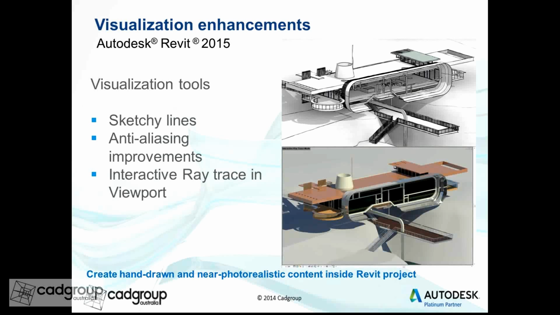There are features like sketchy lines, which can easily be created within Revit. There are some improvements with anti-aliasing, and there is a new feature included within 2015 called interactive ray trace in the viewport, which enables designers to get near photorealistic content within the viewport.